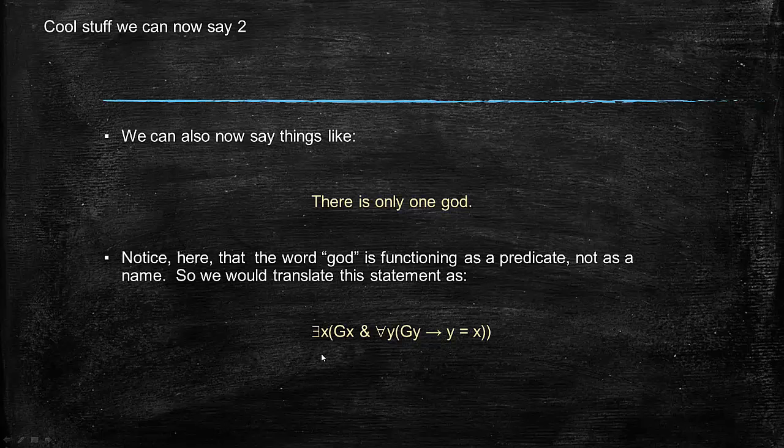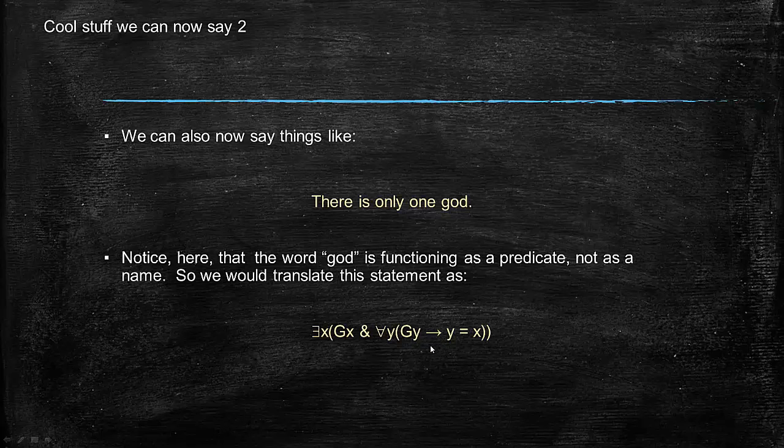So what does this say? This says that there exists an X such that X is a God. Okay, so there is a God. There's only one God tells us there is a God. And for all Y, if Y is a God, then Y is identical to X. You get that? There's definitely a God.